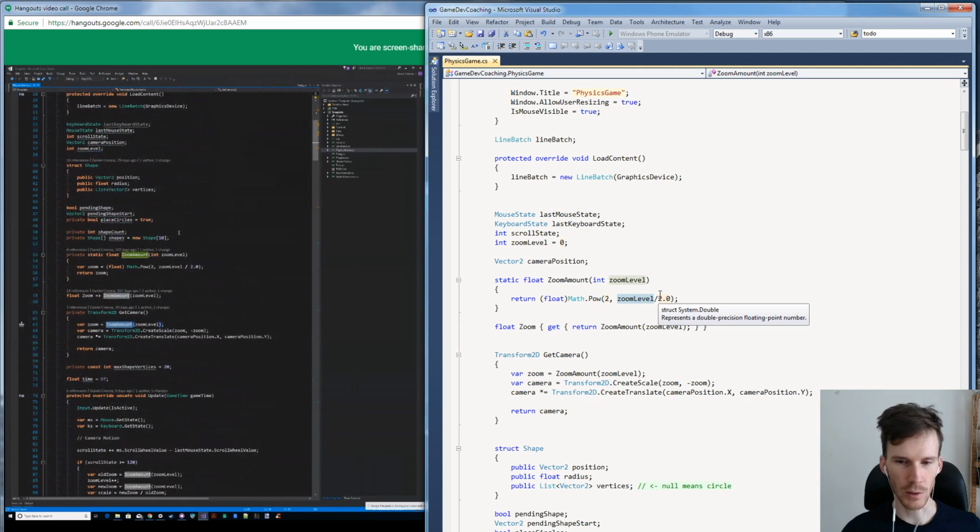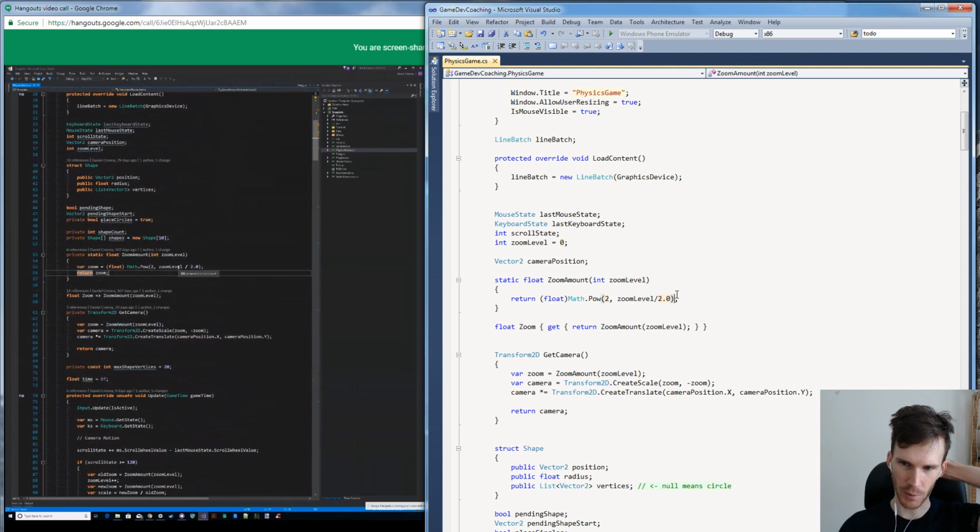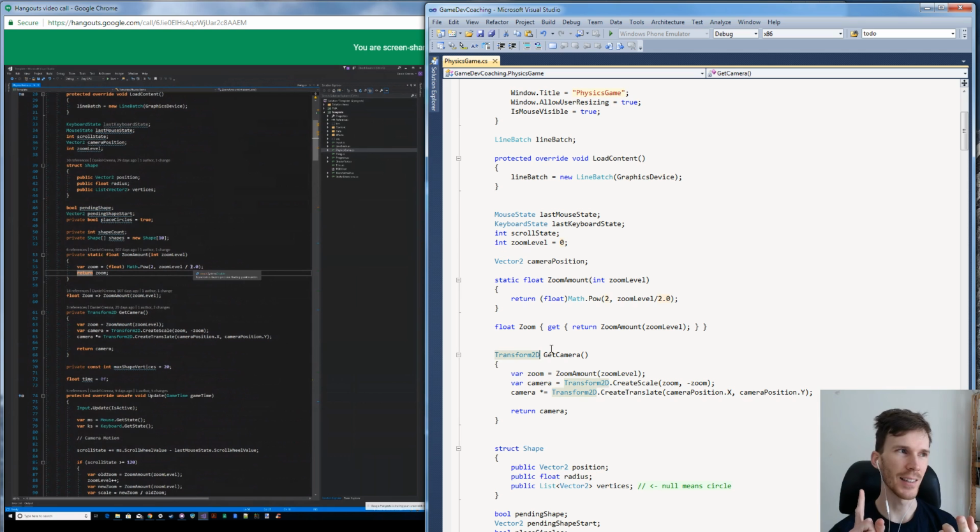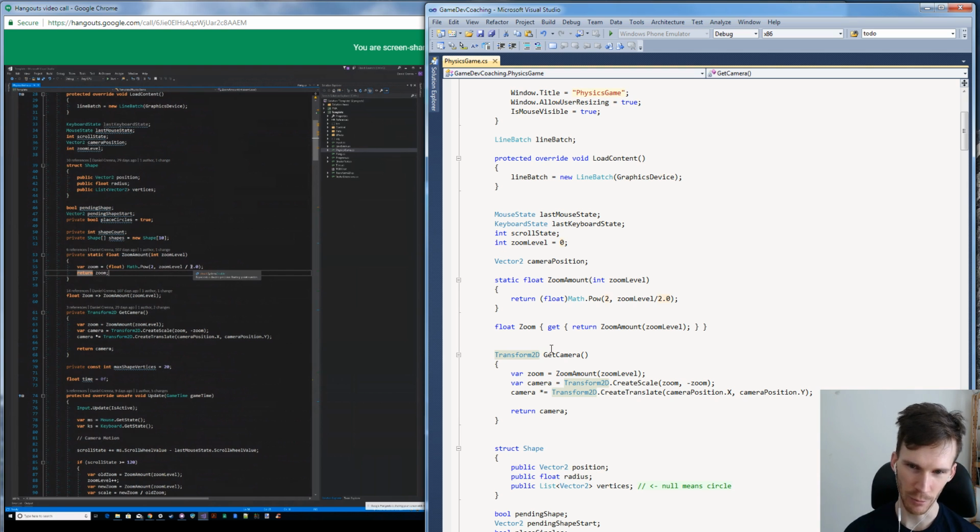It's 2 to the something divided by 2, and so if we want 128, for example, that would be, do the maths in our heads, 2, 4, 8, 16, 32, 64, 128, so that's 7, so I think we need zoom level 14. So we'll try that and see if that does what we expect.